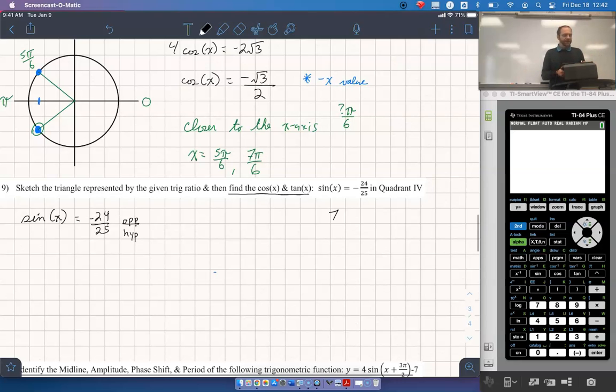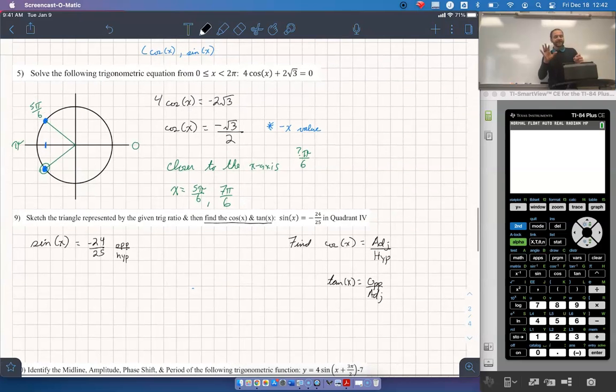Well, cosine of x is adjacent over hypotenuse, and tangent of x is the ratio of opposite over adjacent.